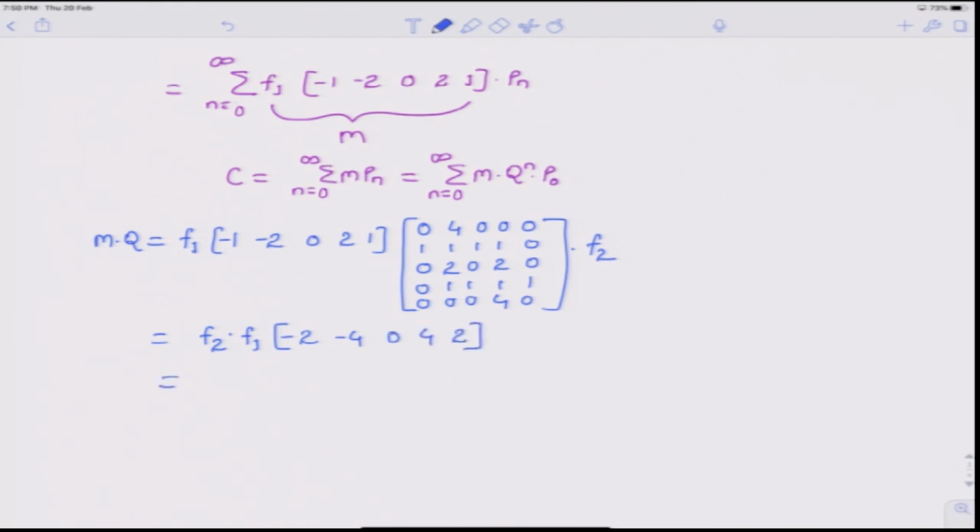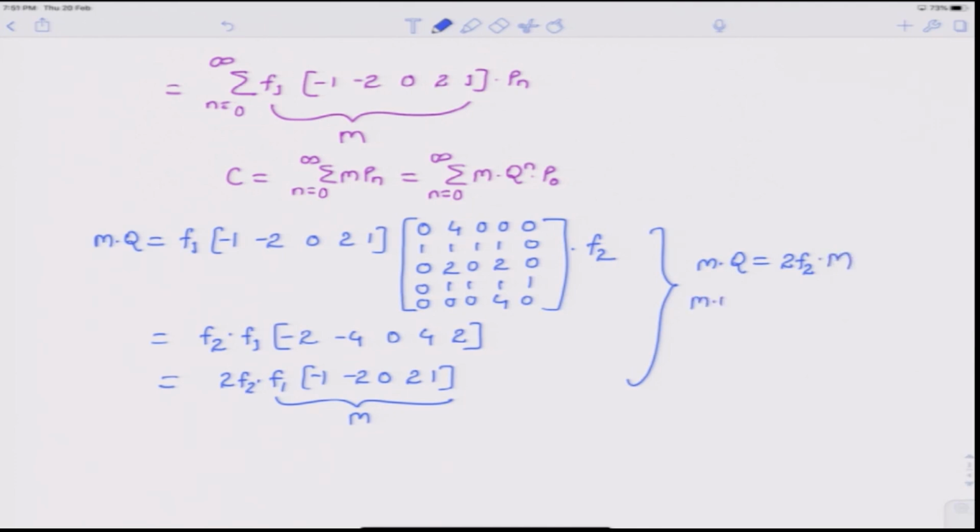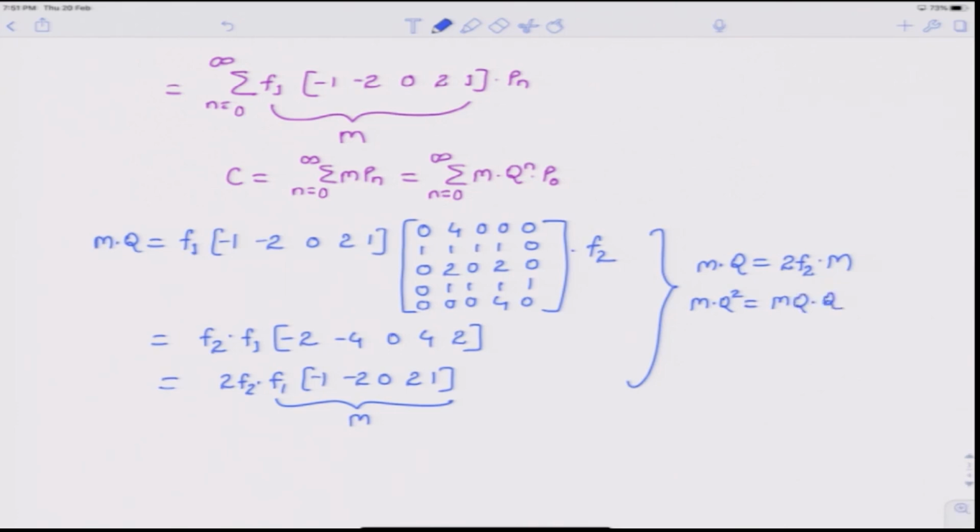This we can write as 2 times F2 times F1 times minus 1, minus 2, 0, 2, 1, and again this matrix is nothing but what we defined as matrix M. So, we get M times Q is equal to 2 F2 times M. So, M times Q square we can write as M times Q, that should be equal to 2 F2 times M times Q. So, this should be 2 F2 square times M, and so on.